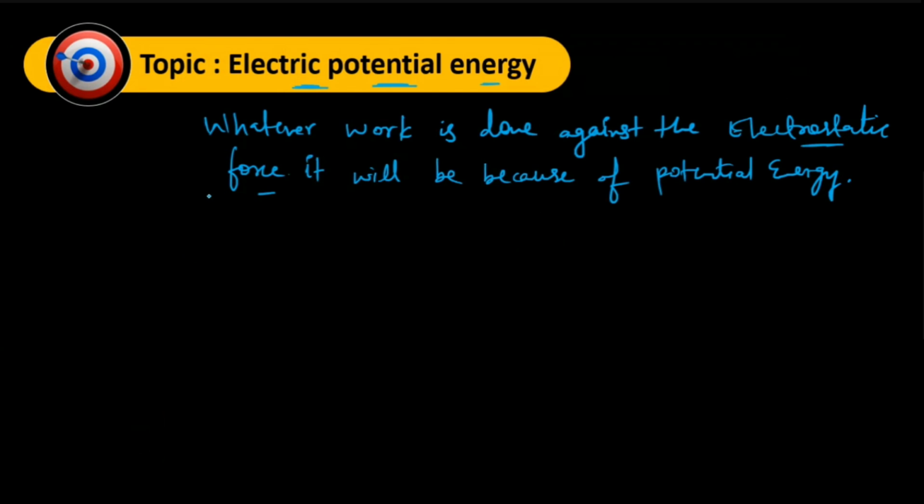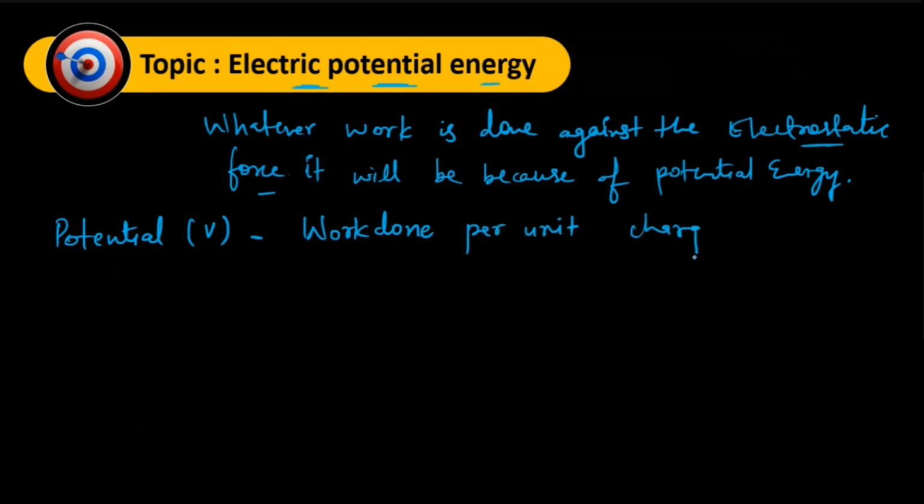So we'll see how we define it. Electrostatic potential energy is defined by the definition of potential. Potential is denoted by V. It is scalar in nature and it is defined as work done per unit charge.